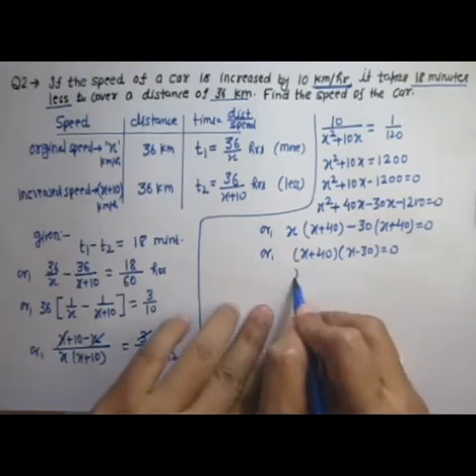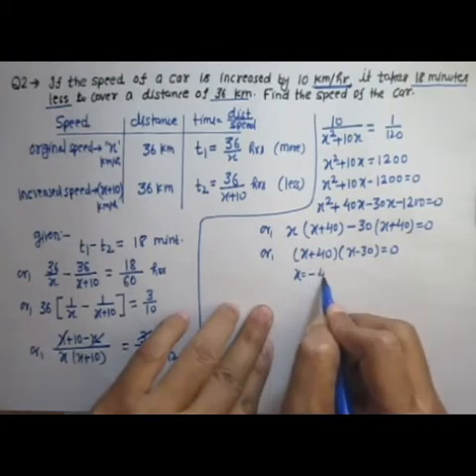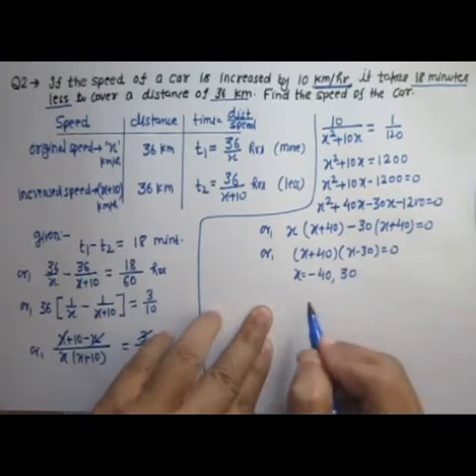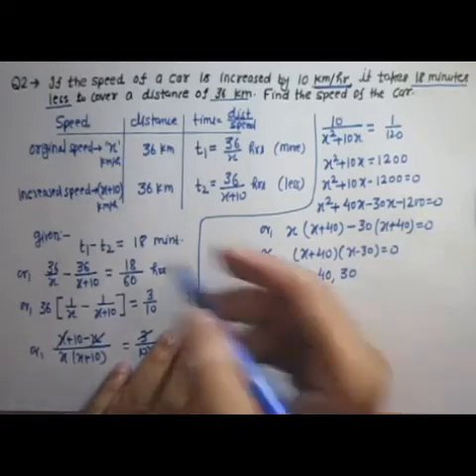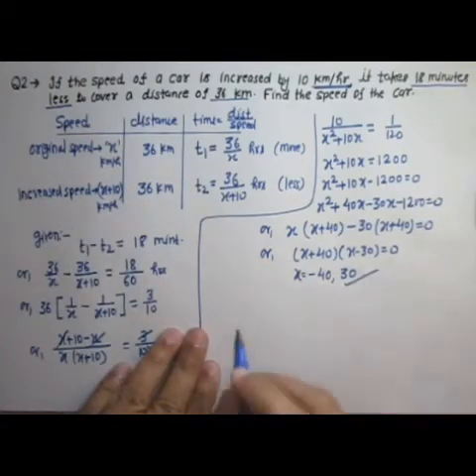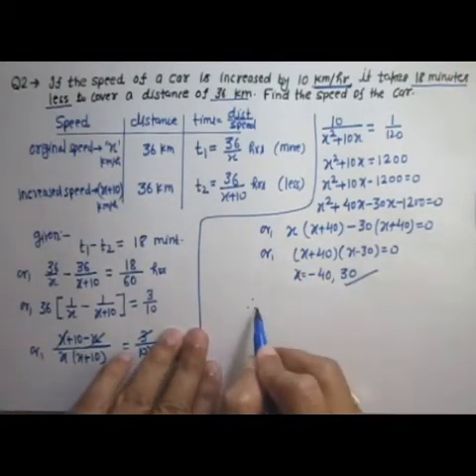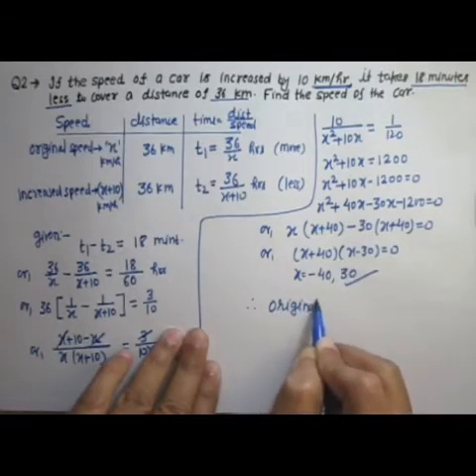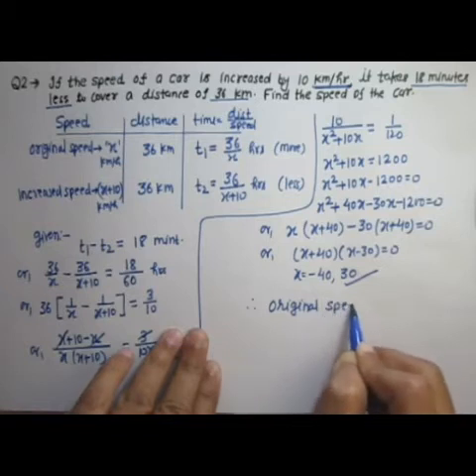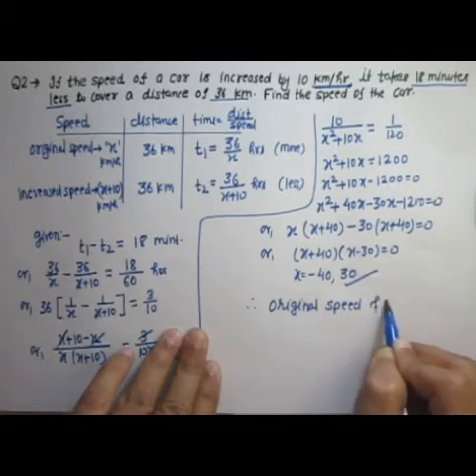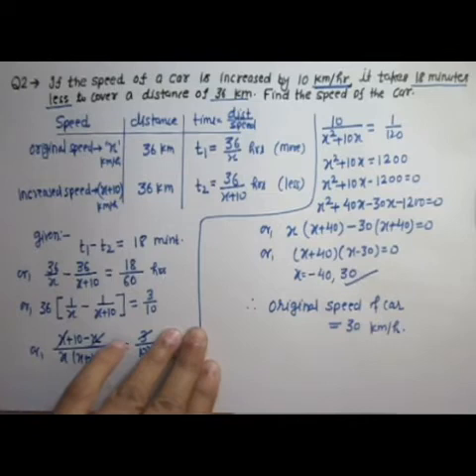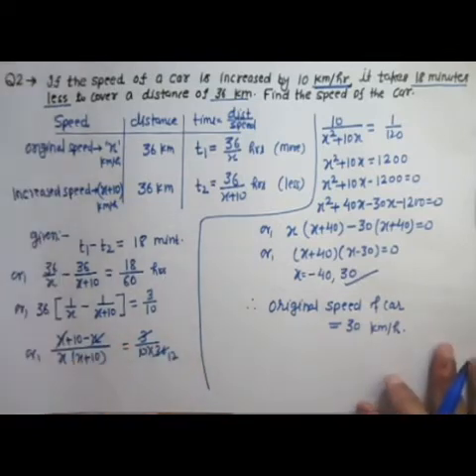So from here you will get x is equal to minus 40, and from here you will get x is equal to 30. We cannot take a negative value because speed cannot be negative, so this value is acceptable. Therefore the original speed of the car is equal to 30 km per hour. So this is question number 2.